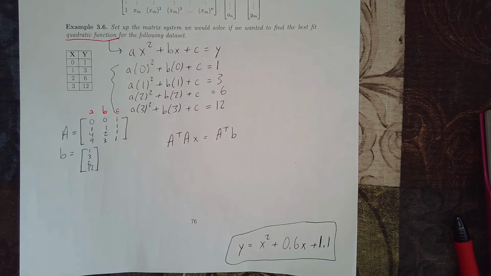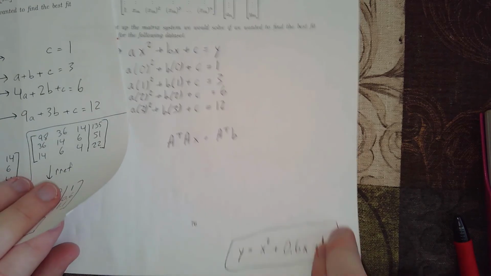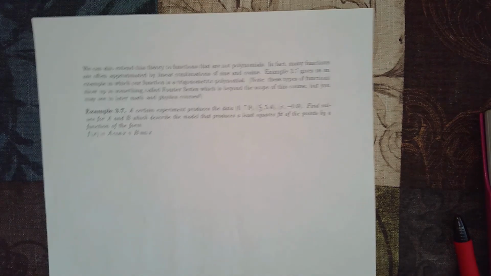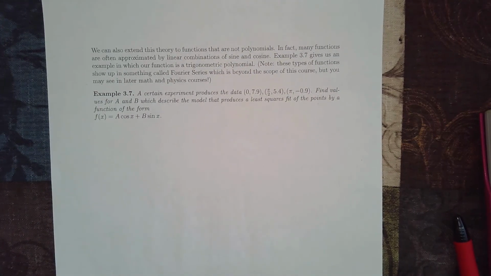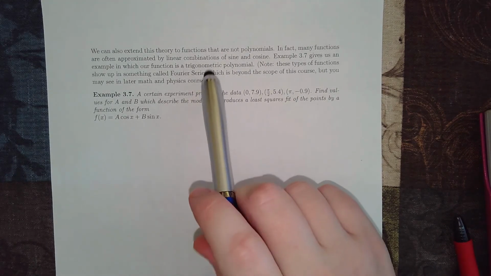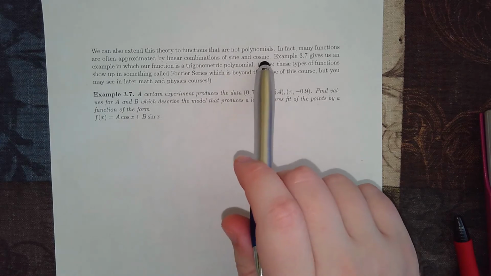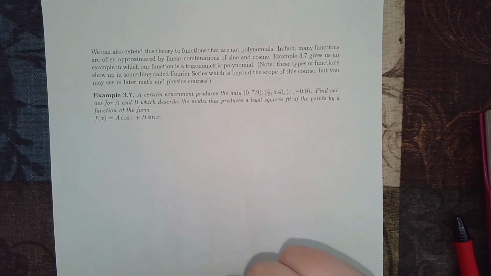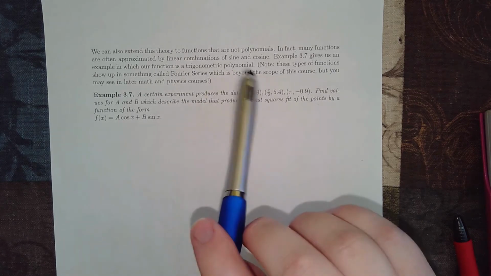So we've got one more type of function we can try to approximate before we talk about another cool least squares trick we can do in the lab. So we can extend this to functions that aren't polynomials. In fact, there's a bunch of functions that are approximated by linear combinations of sine and cosine.